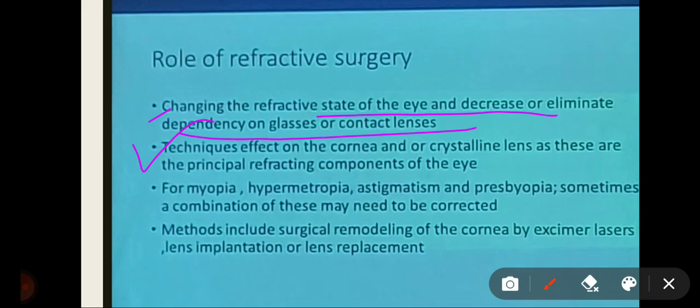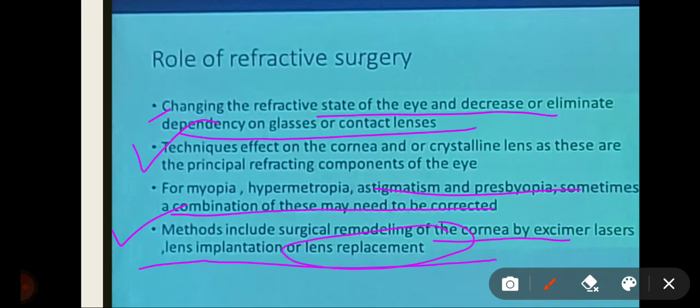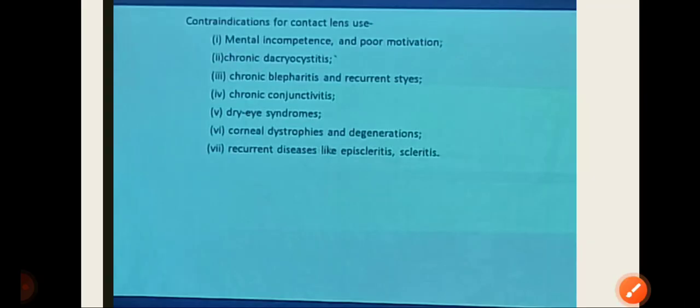They are used for myopia, hypermetropia, astigmatism and presbyopia, and sometimes a combination of these may need to be corrected. Methods include surgical remodeling of the cornea by excimer lasers, lens implantation, or lens replacement.